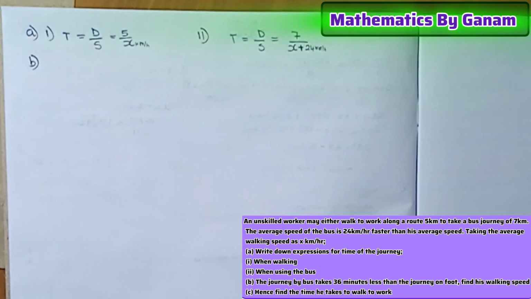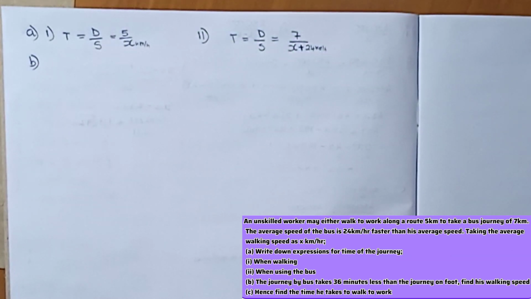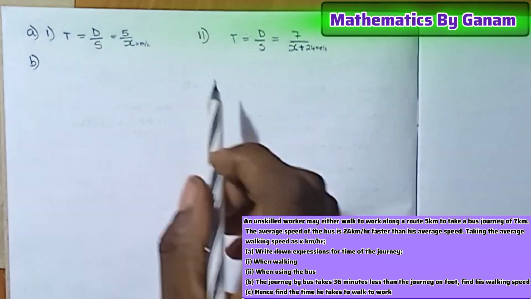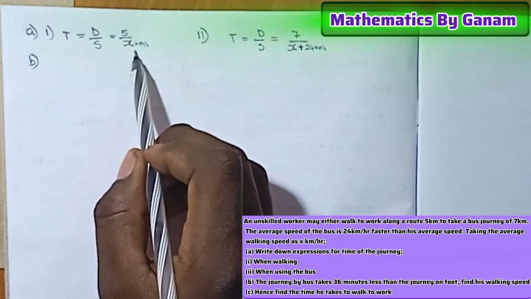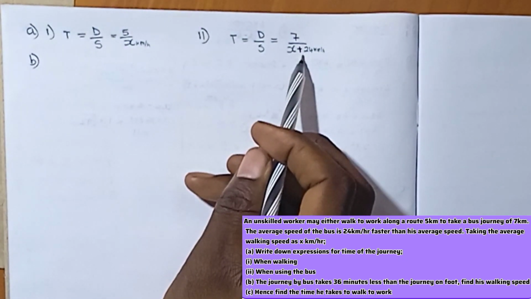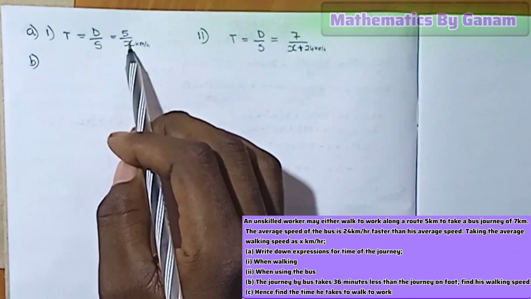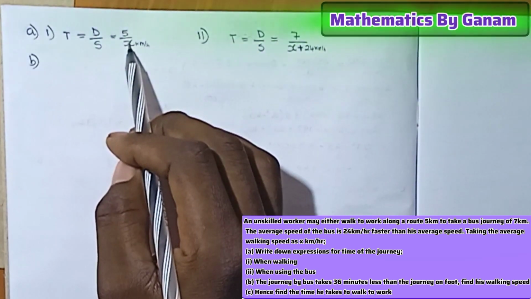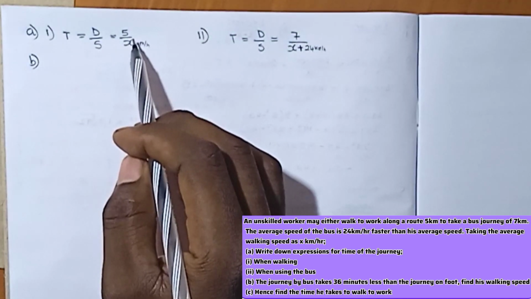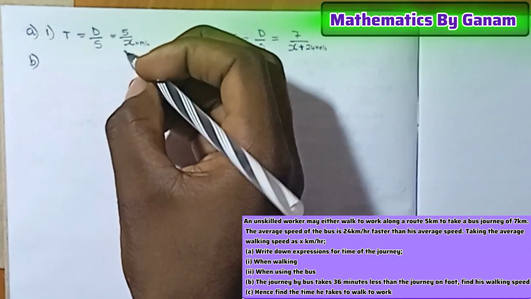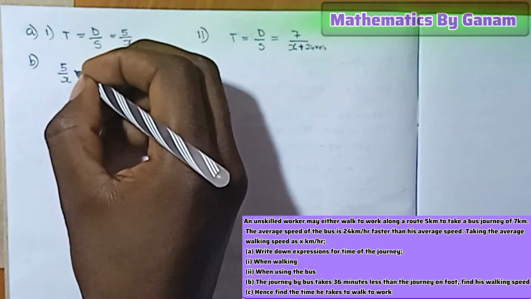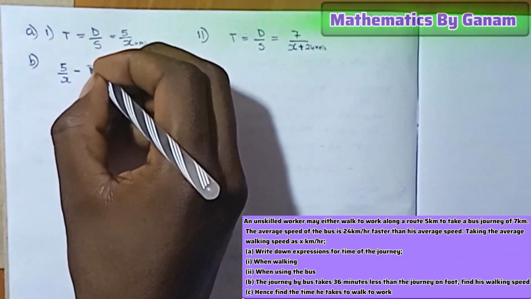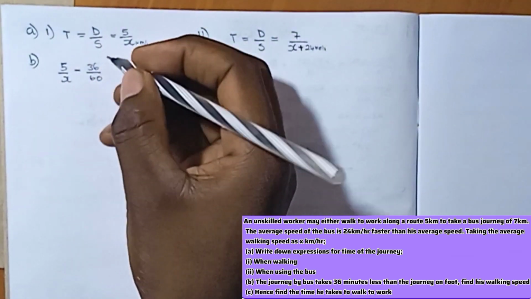The time taken while walking is 5 all over x. To get the bus time, we subtract 36 minutes, which is 36 all over 60 hour, so that it is in terms of hours: 5 all over x minus 36 all over 60.